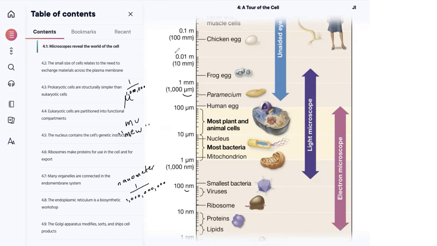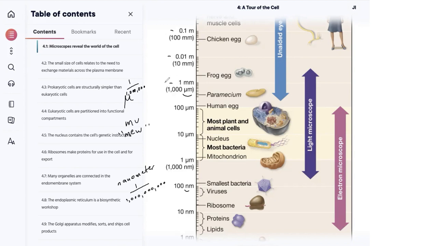And so as we're going down the scale here, every time we make a step, from 0.1 meters to 0.01 meters to 0.001 meters, which is a millimeter, every one of these steps downward is a step downward by 10-fold. And so we're really talking about things that are much, much smaller than what we can generally relate to.